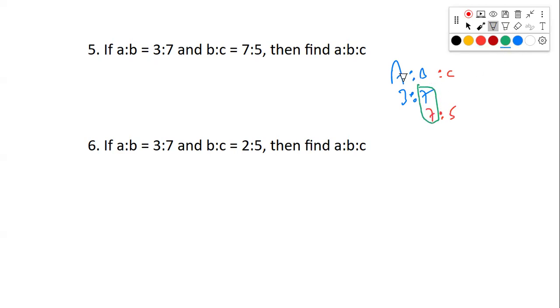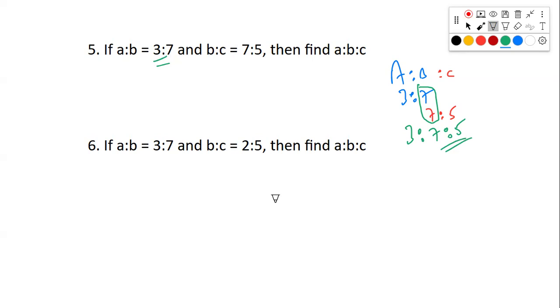B is common with A, B is also common with C. If it has the same number, I can simply say it is 3 is to 7 is to 5, because if I go back and check, A is to B is 3 is to 7, and B is to C is 7 is to 5. So tally it down: 3 is to 7 is to 5. But in all cases, it will not be the same.